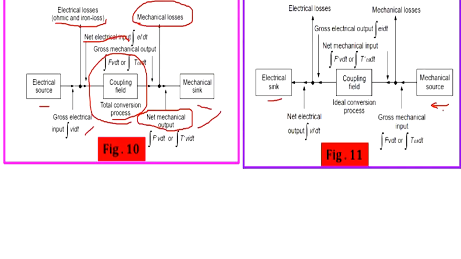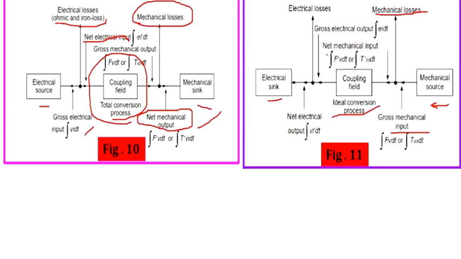Like that, when it is mechanical input, the gross mechanical input will lose some amount due to mechanical losses, that is, rotational losses, and it is converted to magnetic field.